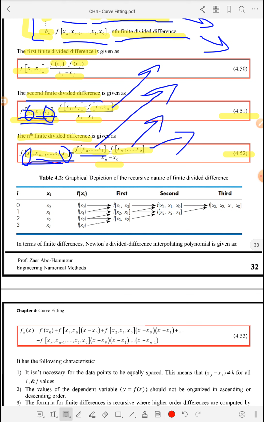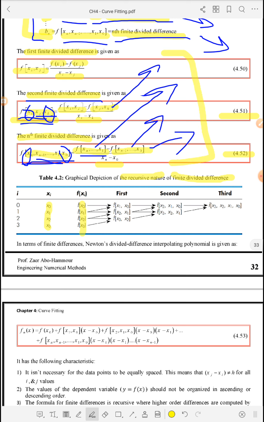And let us proceed. Here we assume that we have 4 data points from x0 till x3, and their values f of x0 till f of x3 are given. The calculation of the finite divided differences is of a recursive nature, as appears in those equations.